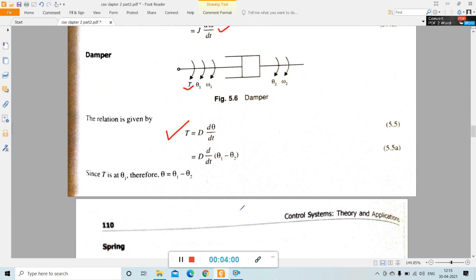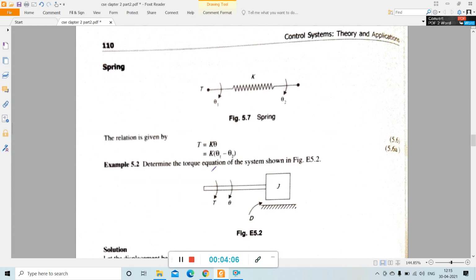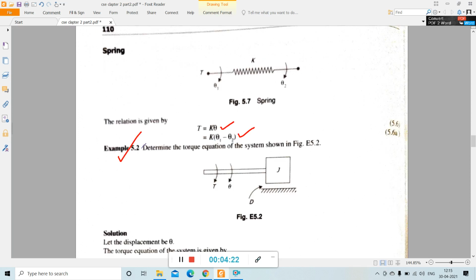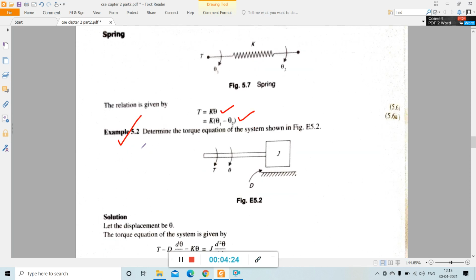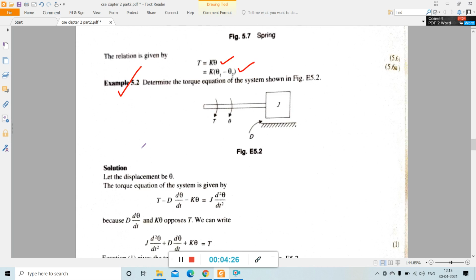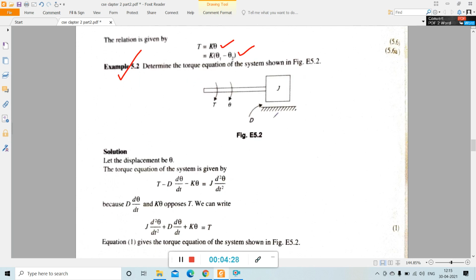Since T is at theta 1, therefore theta is equal to theta 1 minus theta 2. Similarly for the spring, here are theta 1 and theta 2, the angular displacements. Torque is provided here, so the relation is T equals k theta, that is k into theta 1 minus theta 2. Now one small numerical is solved, from which you can understand how these relations are applied to the system.